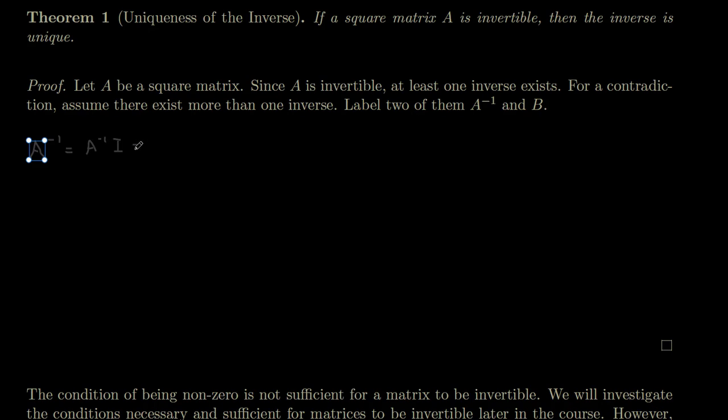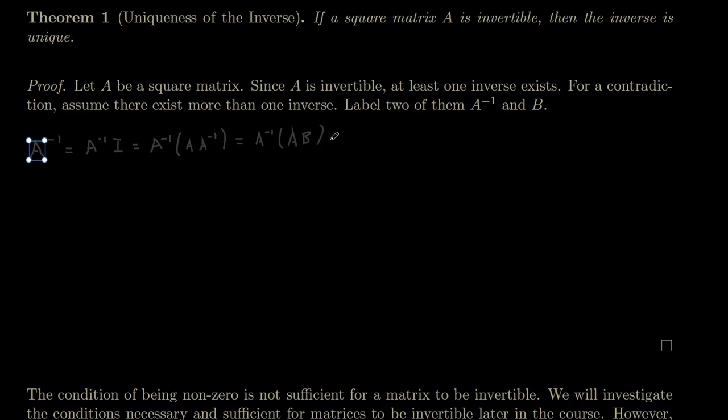And then since A is invertible, sorry about that, then you can write the identity as A times A inverse, right? But I don't like this inverse I'm using here, so I'm going to write it actually as A inverse times A times B. Why? Well, because B is also supposedly an inverse of A, so A times B is also the identity, so I'm going to write it like that.